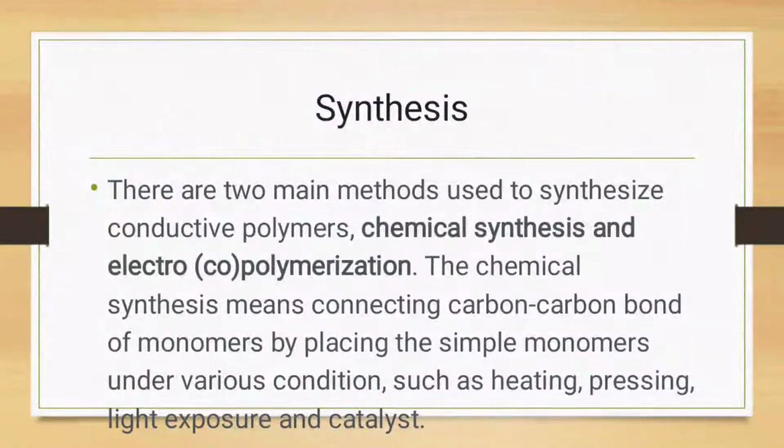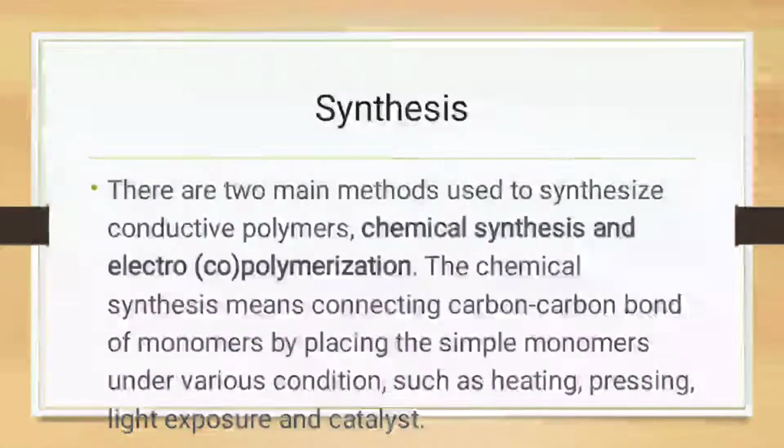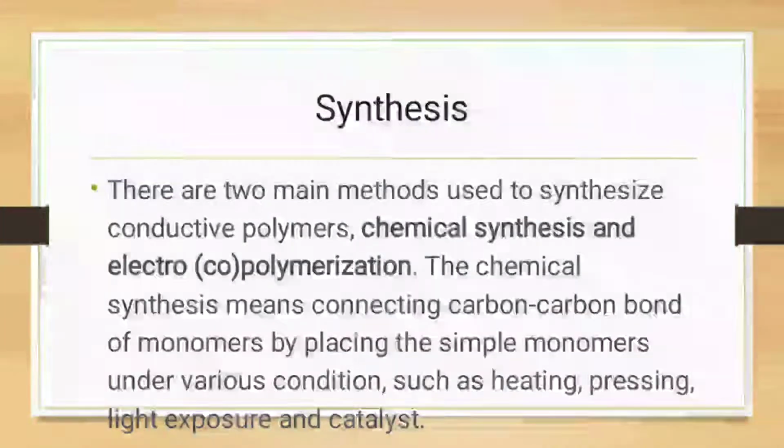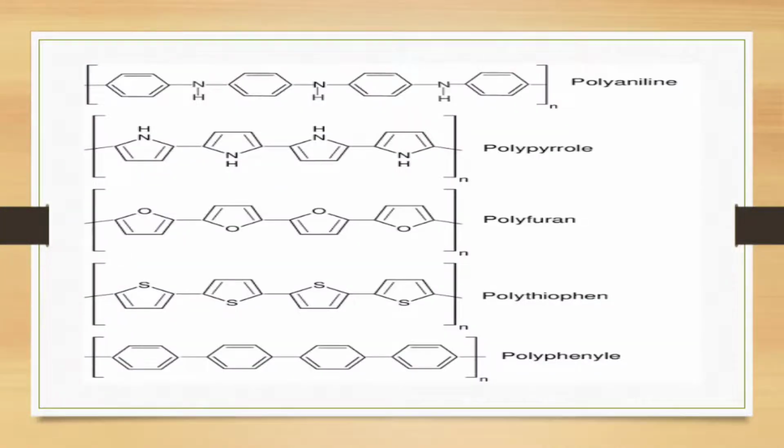Chemical synthesis means connecting carbon-carbon bonds of monomers by placing simple monomers under various conditions such as heating, pressure, light exposure and catalysts. And we have the flow chart about conductive polymerization.